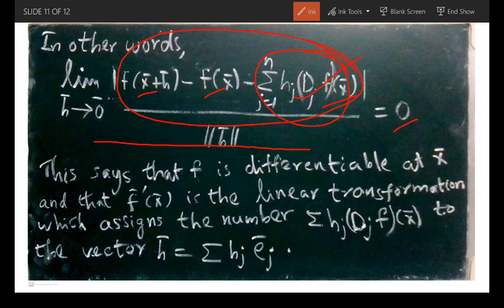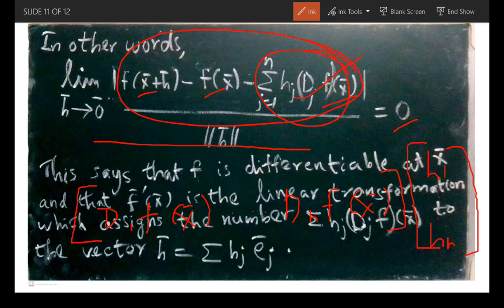So it can be written in this way: d1 f at x etc. dn f at x, this matrix into the vector h1 etc. hn. So this matrix, or equivalently this linear transformation, applied to the vector h. This into this is precisely this expression, right?